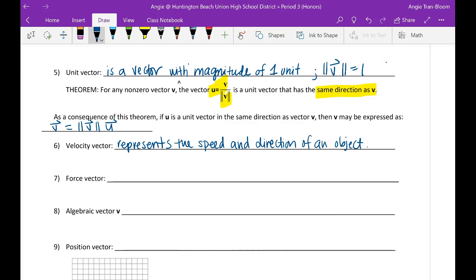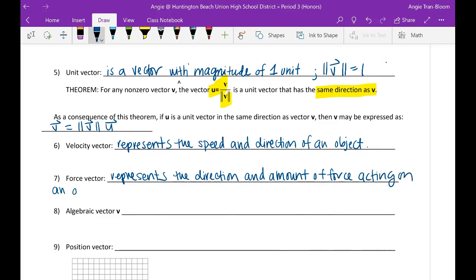Force vector represents the direction and amount of force acting on an object.